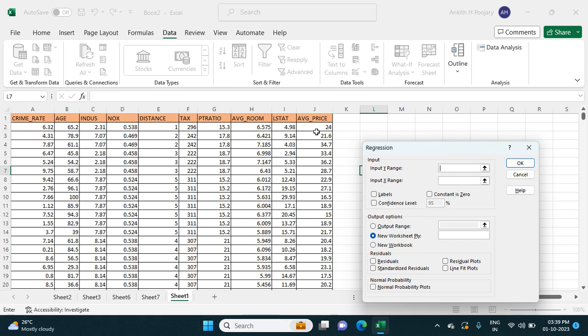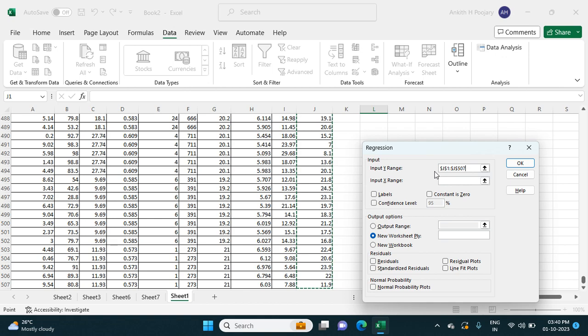For example, the average price of the house depends on how many rooms it has, what the distance from the city is, what the age of the house is, like that. So these are the independent factors. The input range is the dependent factor. In this example, average price is the dependent variable. So I will select the average price.